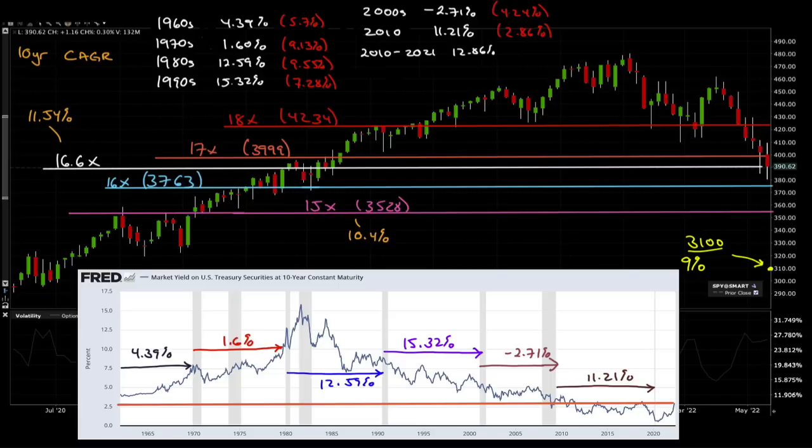Yes, I know it's a busy screen, but this screen is trying to tell a story that is meant to refute another story. So let me tell you the story that I'm trying to refute.